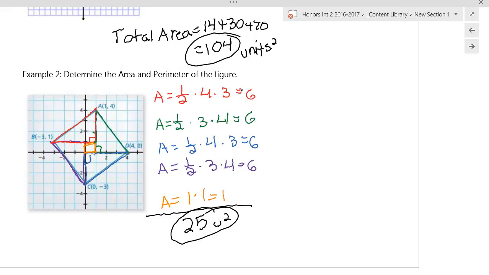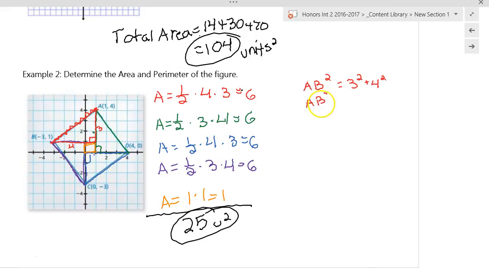Now I have to do my perimeter. For my perimeter, I'm trying to find this distance. Now I can't just count like I can with something straight across one of the lines. What we have to do here is what we looked at all last week as well. This is a right triangle, and I'm trying to find the hypotenuse. I'm just going to use the Pythagorean theorem. So that side, which is AB, AB squared equals 3 squared plus 4 squared.